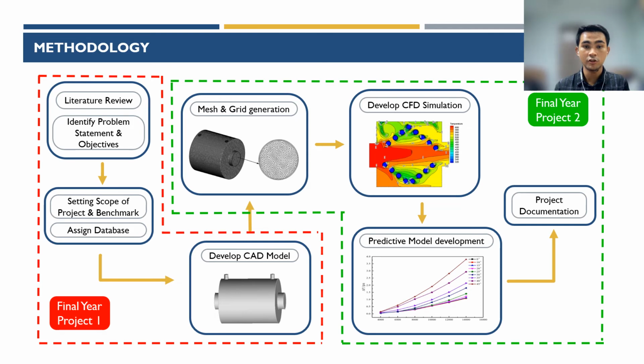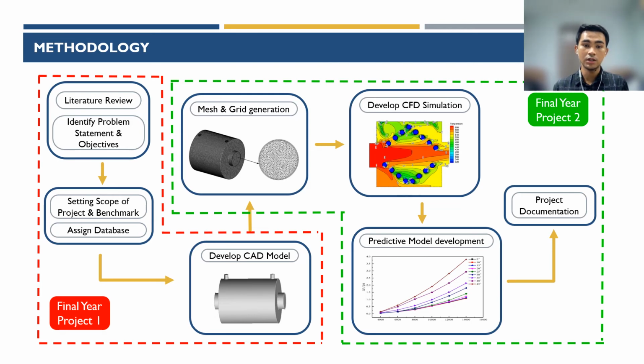Moving on to the methodology, this is the overview flow for my project. In FYP1, I will cover the literature review and identify the problem statement and objective. Next, I will set the scope of the project and assign the database to refer to. Then I will develop the CAD model for the volume heat exchanger design. That is done in FYP1.